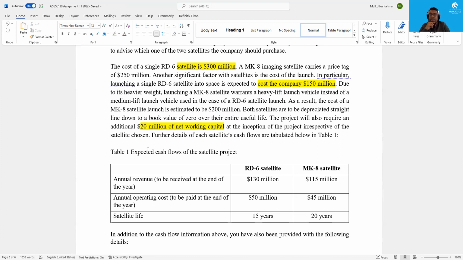The next question is depreciating the initial investment. Some of you made a mistake here, that when you calculate depreciation, you only consider the cost of the satellite, which is 300 million. However, keep in mind what the idea behind this depreciation is.